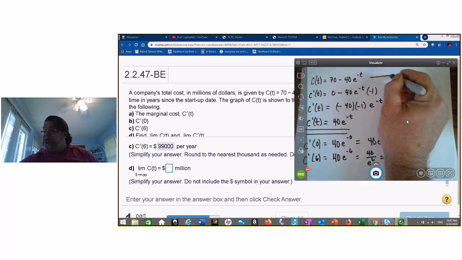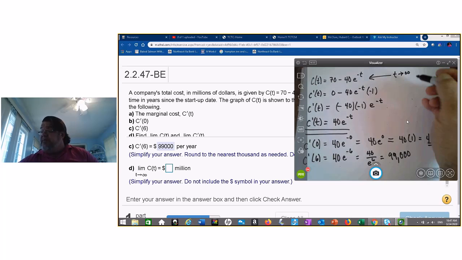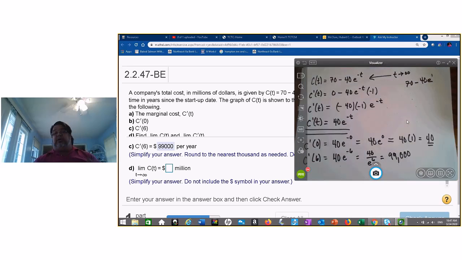What if we were to say t goes to infinity? Then that would be 70 minus 40 e to the 1, e to the 2, e to the 3, e to the 4, e to the 5, e to the 6.